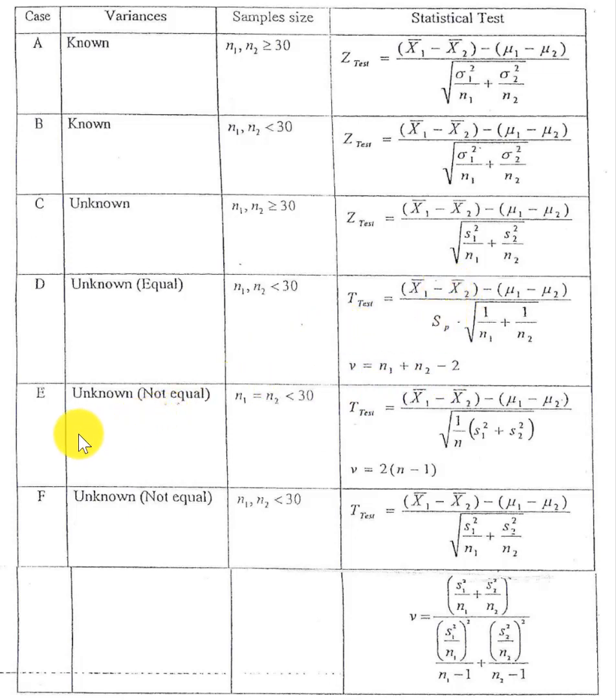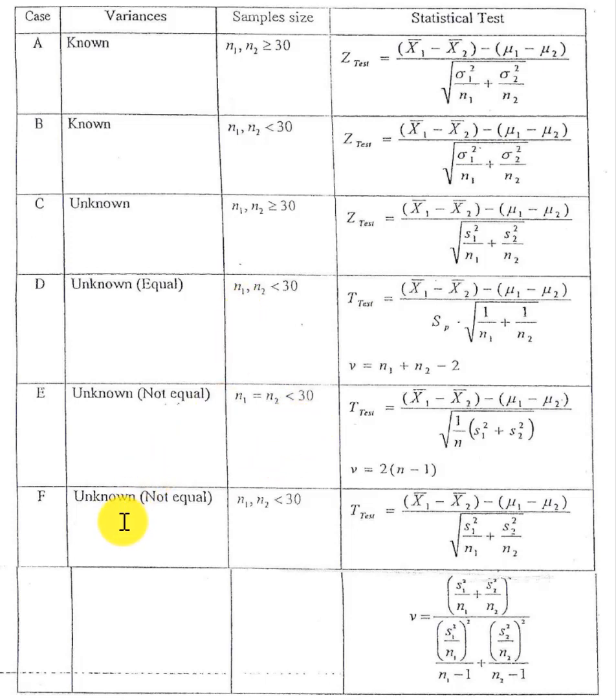When your variance is unknown and N is less than 30, and the variance is not equal, we have cases E and F. When N1 is equal to N2 and less than 30, that means N1 has the same value as N2, then you have to use case E. Make sure that your N is less than 30.